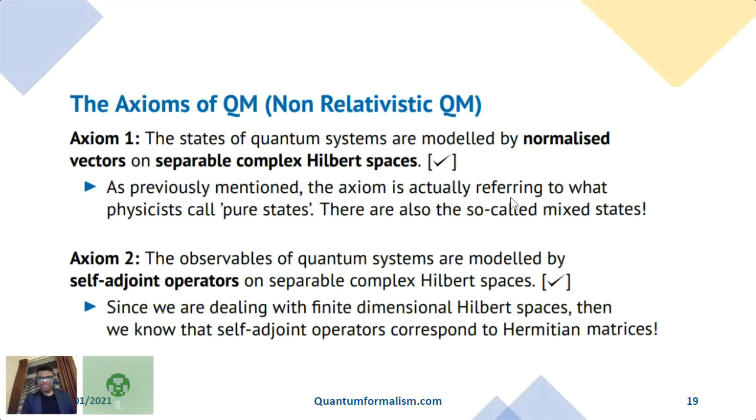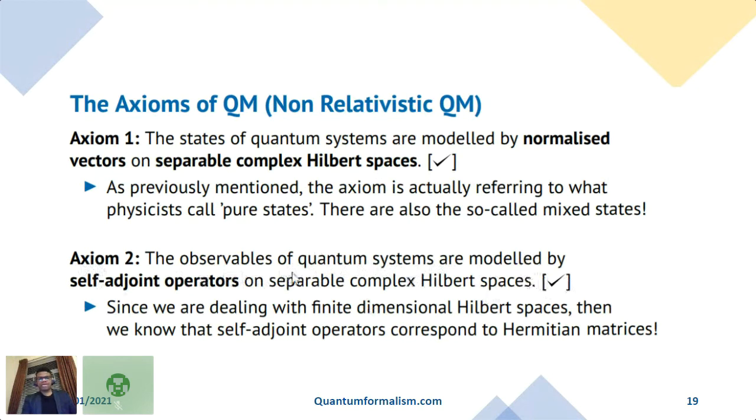So this is axiom 1, which we have already gone through because we already know what normalized vectors are, what separable Hilbert spaces are. And axiom 2 tells us that the observables of quantum systems are modeled by self-adjoint operators on separable complex Hilbert spaces. I claim that we already know what axiom 2 is telling us.